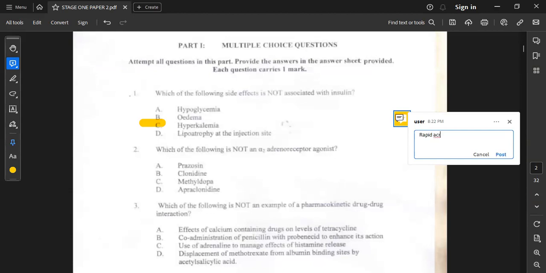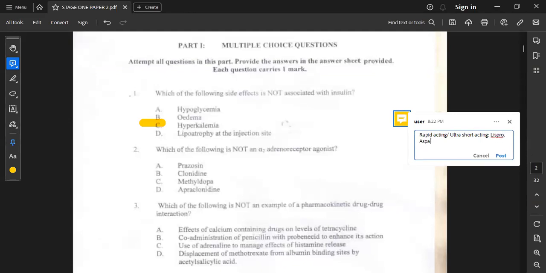We can start with the rapid acting, or ultra short. You said what the example was? Aspart. Yeah, I said Lispro, but Aspart is also there.